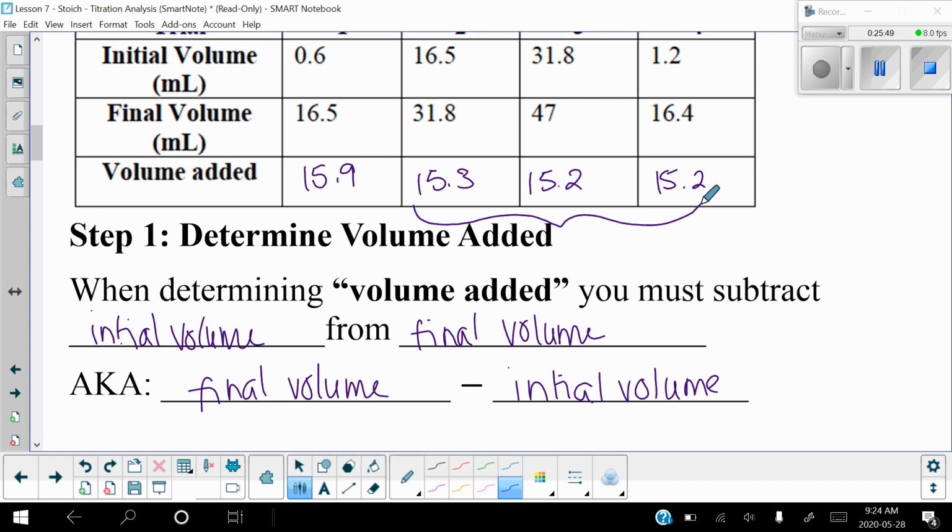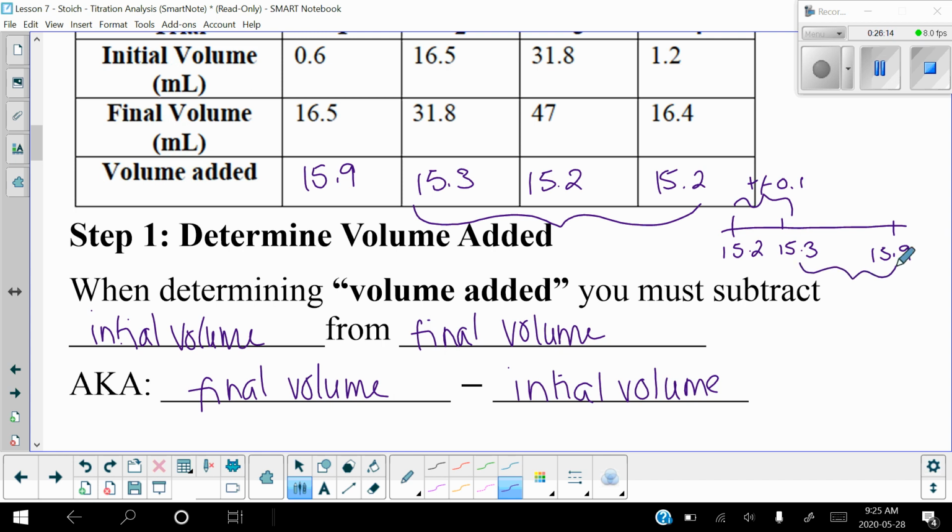They're plus or minus 0.1 from each other. What I mean by that is if we're on a number line, and I put these on here, I have 15.2, 15.3, and then 15.9. Between these two numbers, it's plus or minus 0.1, which is fine. We can go up to 0.2.